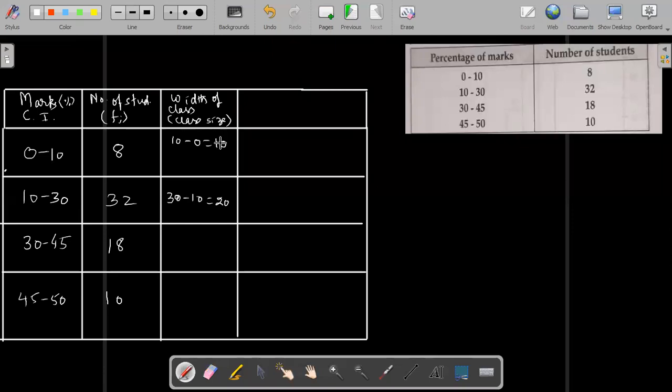Then 45 minus 30 is 15. Class size is 15. Then 50 minus 45 is equal to 5. So you can see the class sizes here are 10, 20, 15 and 5.